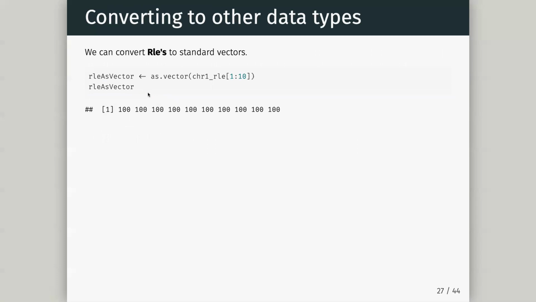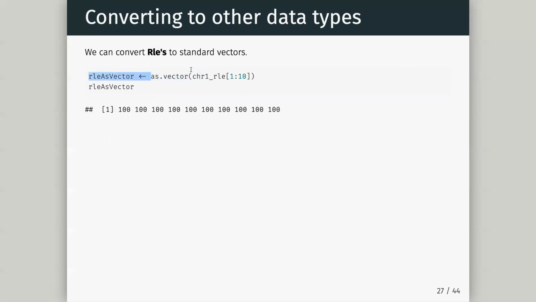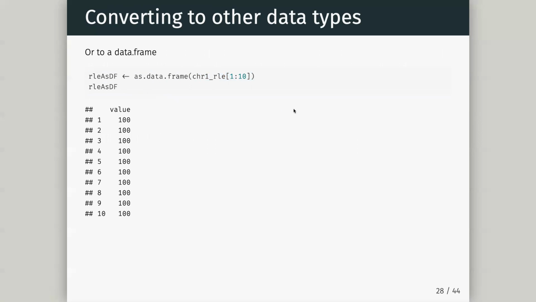If for whatever reason I don't want them to be an RLE anymore, which you really might not want, we can do as vector, and here I'm indexing just to take out the first 10 values, and I'm back to a standard normal numeric vector. More usefully, perhaps, remember that ggplot likes data frames.